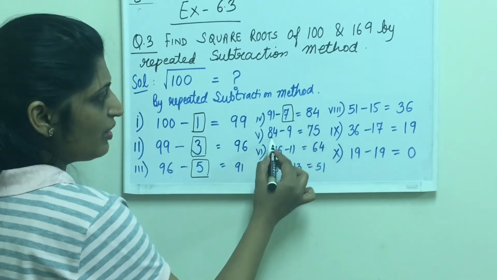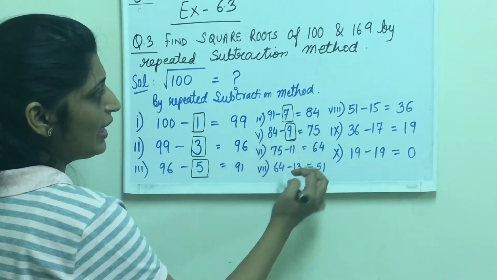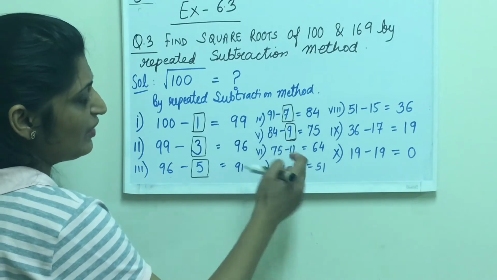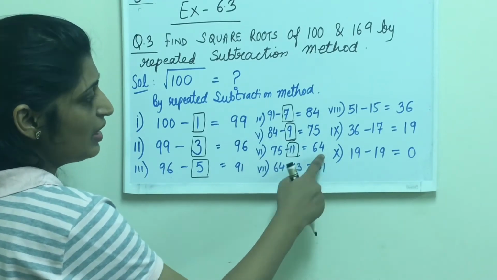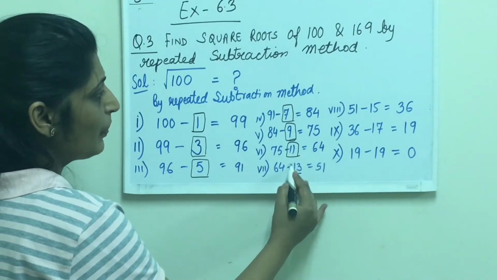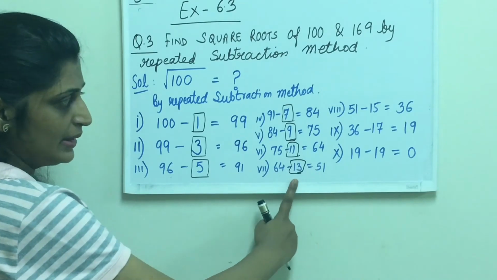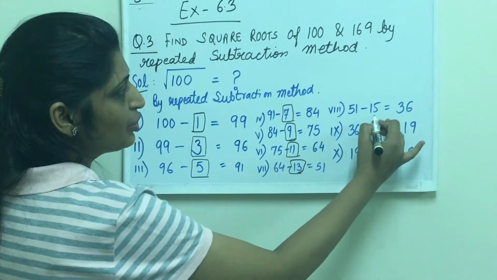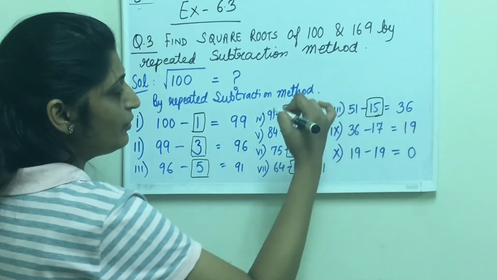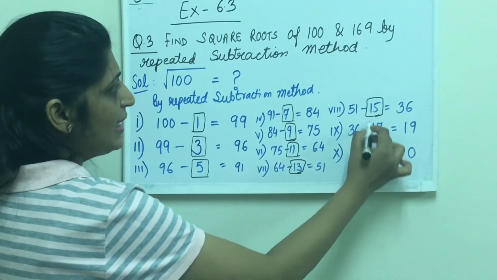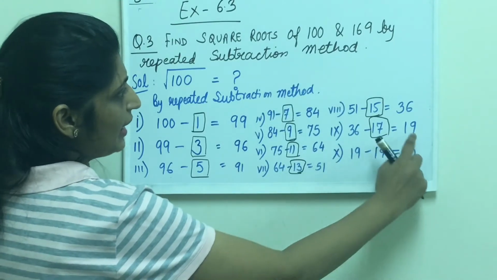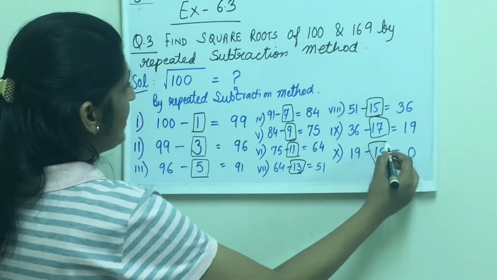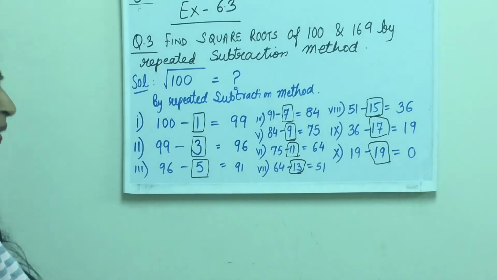Next, I took 84 and subtracted 9. Then I got 75, subtracted 11, got 64, subtracted 13, got 51, subtracted 15, got 36, subtracted 17, got 19, and then subtracted 19 and got 0.